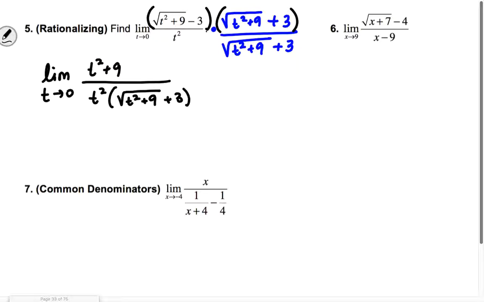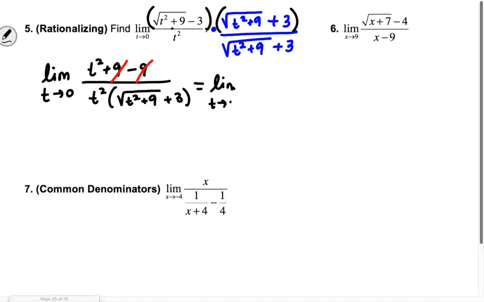The outer term was this times this, the inner term was this times this. One of them's 3 times the square root, and one of them's minus 3 times the square root, so they go away, right? That's why we multiplied by the conjugate. So outer and inner are gone. What about last? Minus 9, right? Do we like that? Cancel, cancel. So yeah, we get t squared.